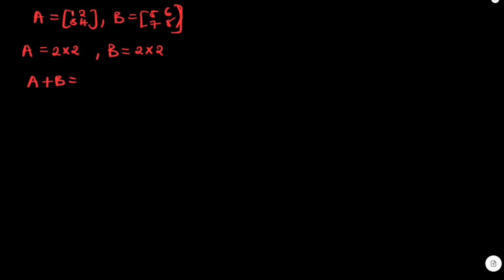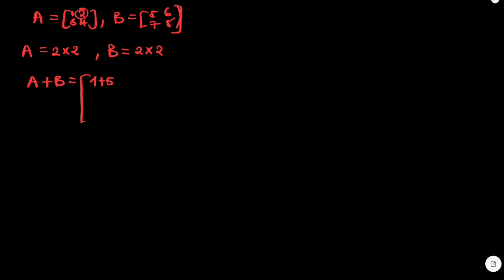The first element, 1, is the first element in matrix A. 5 is the first element in matrix B. So they are corresponding elements. They have the same positions, so we can add them. So the first position will be 1 plus 5. That is just the first position.